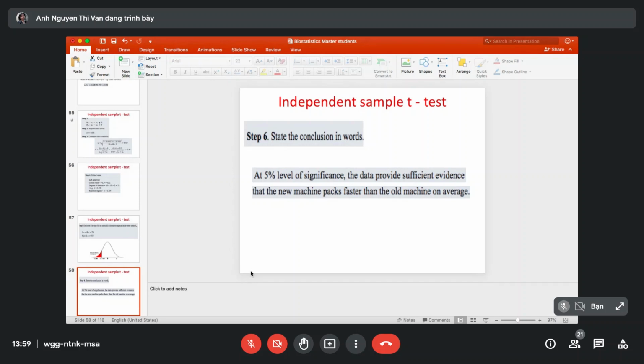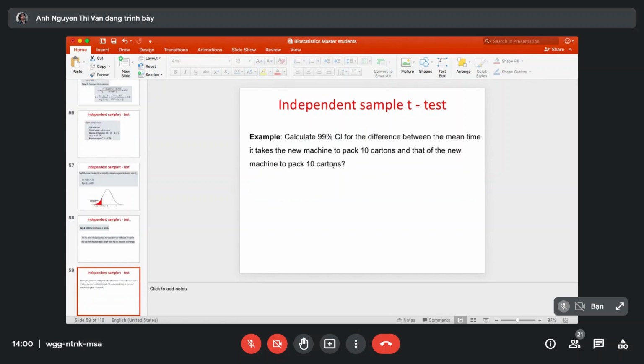It also helps you analyze the data in the future when you do research. You understand more intensively what you are doing, not only running the test on the software without understanding why you use it and how it works. You can continue with this question.